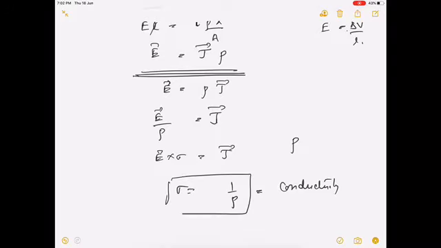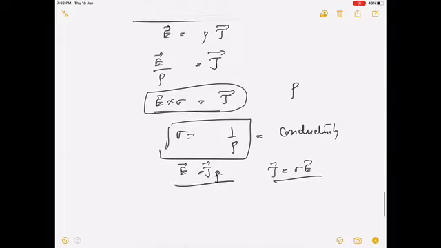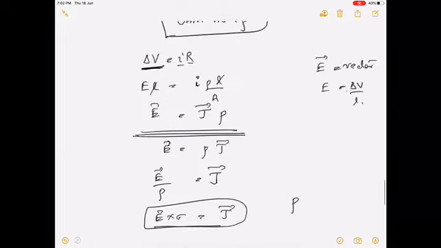Rho was resistivity and reciprocal of resistivity is conductivity. So sigma is conductivity. So this is another form of Ohm's law, that is E is equal to J rho. Okay, this is one form, and J is equal to sigma E. This is also one of the form of Ohm's law.